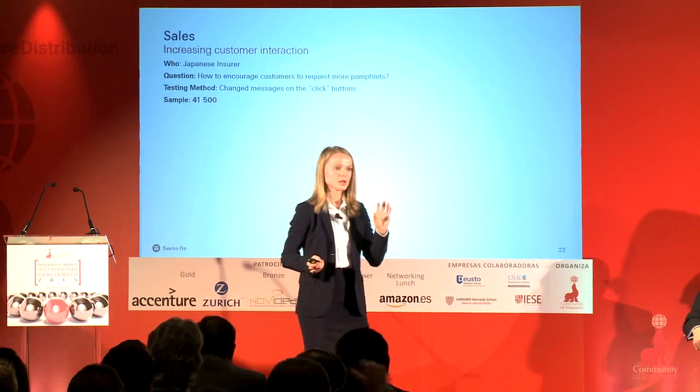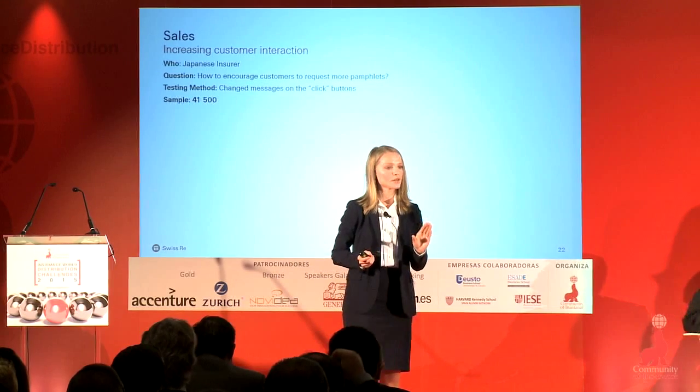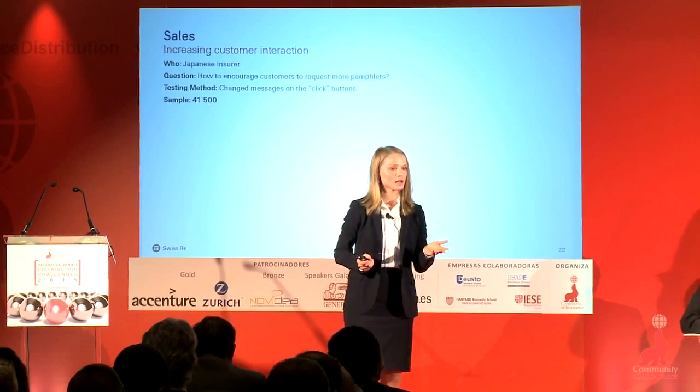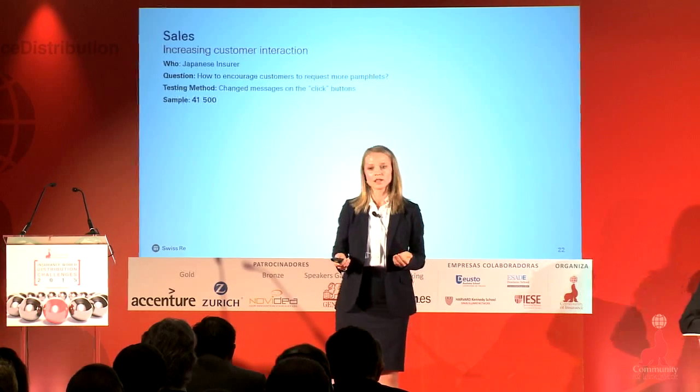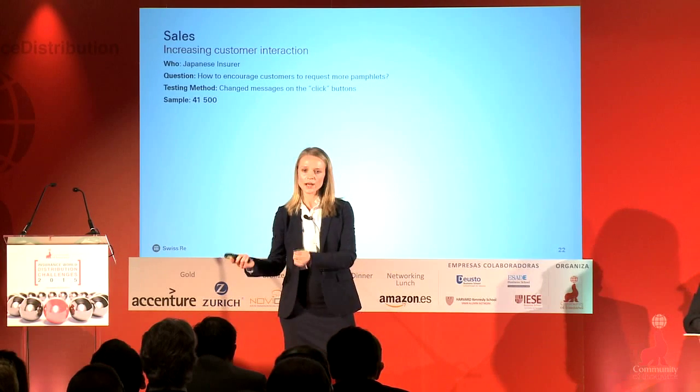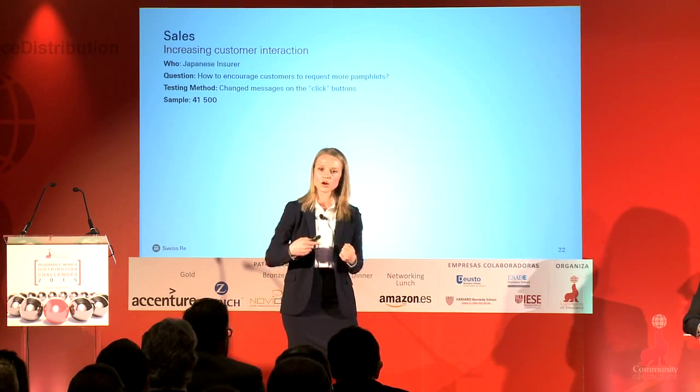What we know is that when people ask to receive a pamphlet or a brochure to their home, they tend to afterwards purchase more of the products. So what we want is to get more people to request this pamphlet to be sent to their home. Can you help us? With this insurer, we did about 13 or 15 different tests in different places on their webpage, and this is just one of them, the one with the pamphlet.